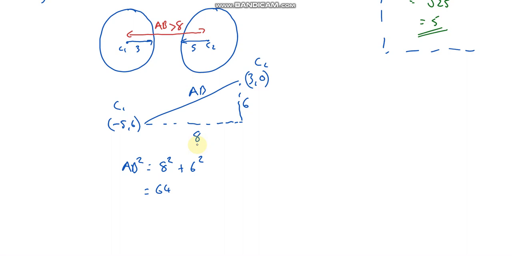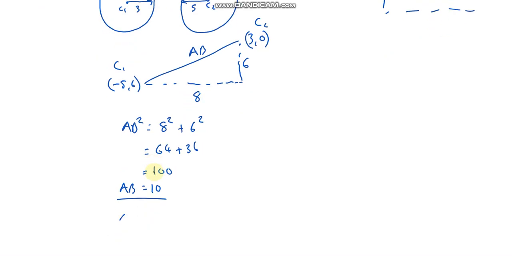So it's going to be 64 plus 36, which is 100. So that means that AB is √100, which is 10. So I would then say, well, AB is equal to 10, which is greater than 8, and therefore they do not touch.